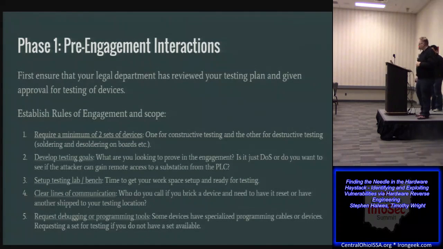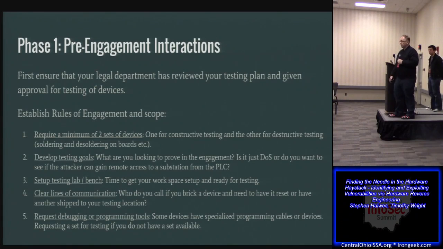First, let's talk about the pre-engagement interactions. Some of the things that are different here versus doing a standard network penetration test: we're going to ask for a set of devices that we can do testing on. This is for constructive testing and destructive testing. For constructive testing, that could be fuzzing the web interface, doing port scans, testing proof of concept code or exploits that we fire against a device that is straight from the vendor.